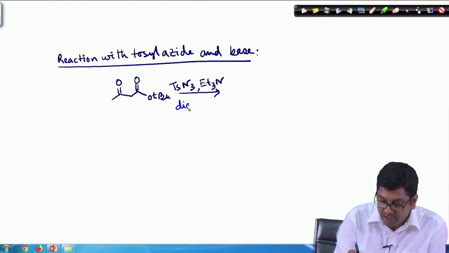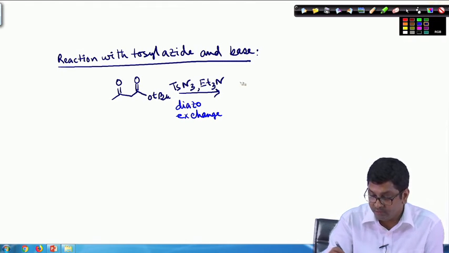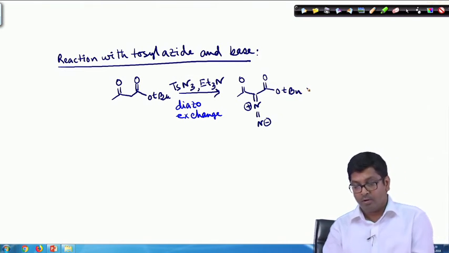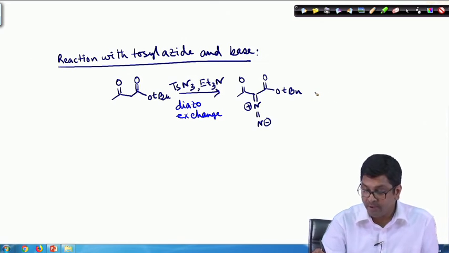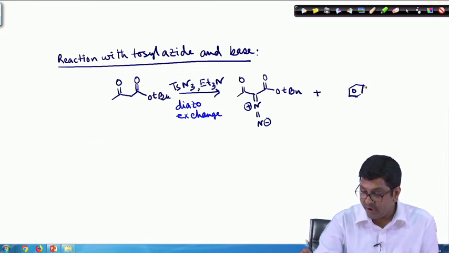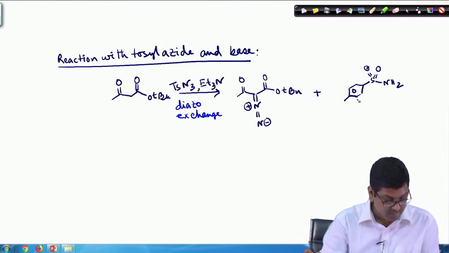Okay. So, diazo exchange, and the product is our desired diazocarbonyl compound. This one, okay. And the byproduct is the corresponding sulfonamide, okay.